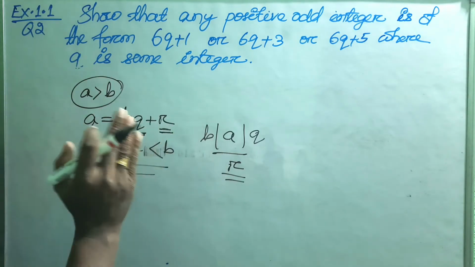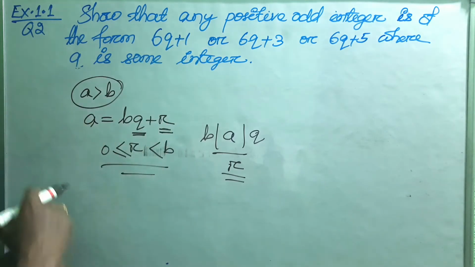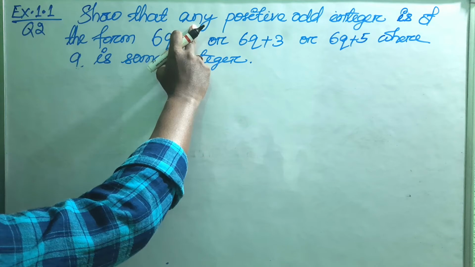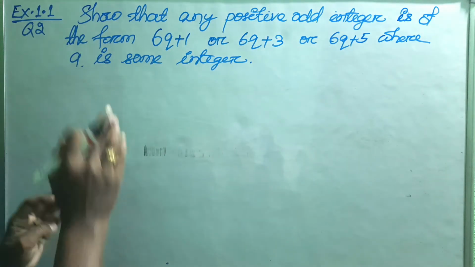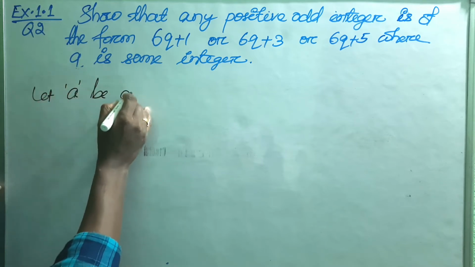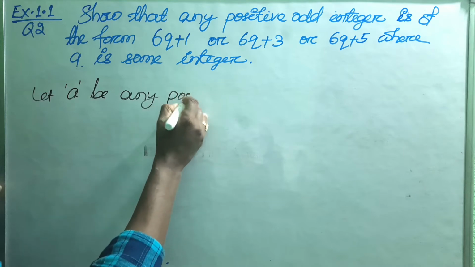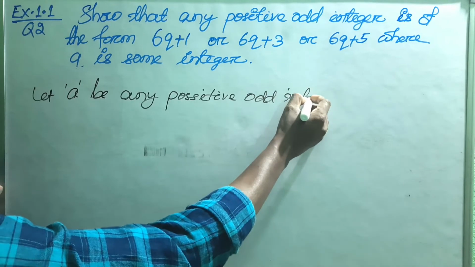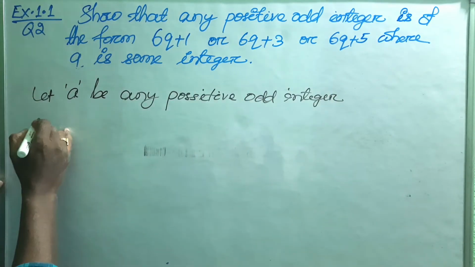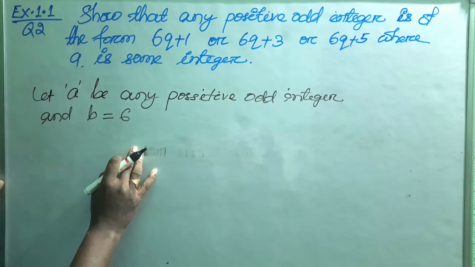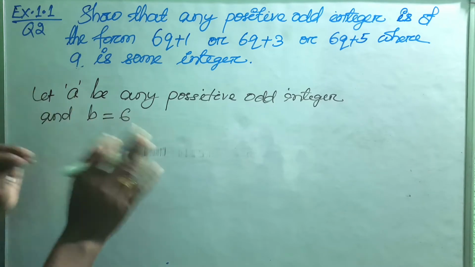Now we have to use this concept in this question. How will we use it? Let us see. Now here in the question it is given any positive odd integer. So that means you have to take like this: let a be any positive odd integer, and b is equal to 6.